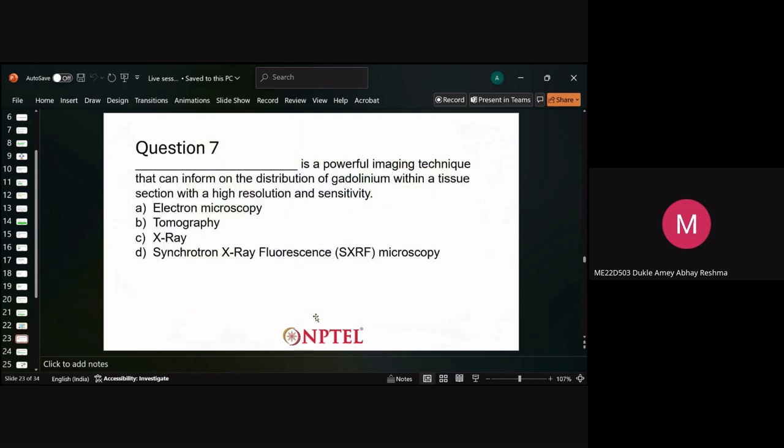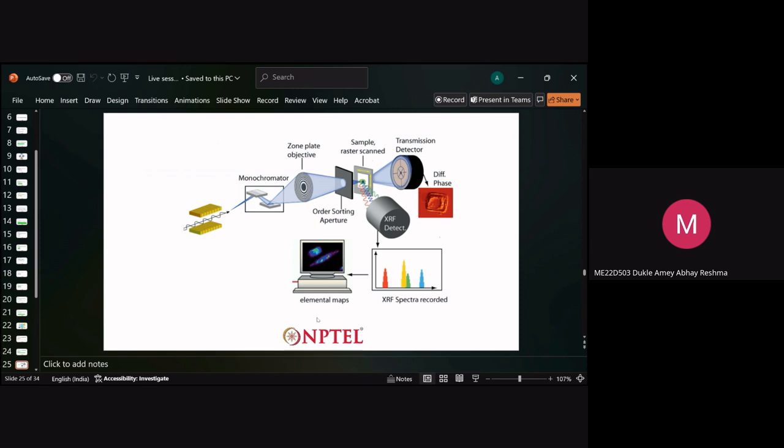Question number seven: dash is a powerful imaging technique that can inform on the distribution of gadolinium within a tissue section with high resolution and sensitivity. So the answer is synchrotron X-ray fluorescence microscopy. How it works is you put X-rays with different intensity or power.